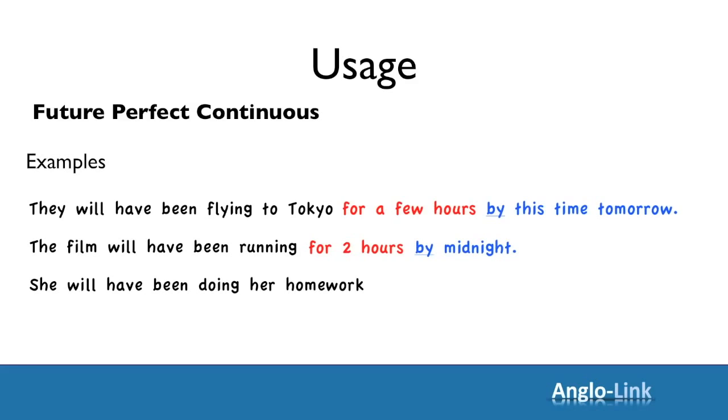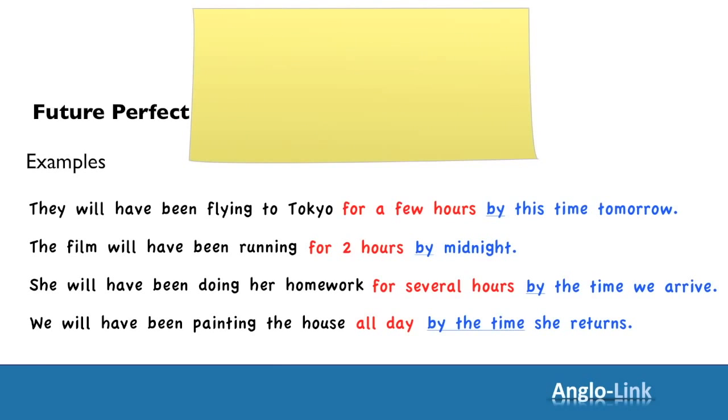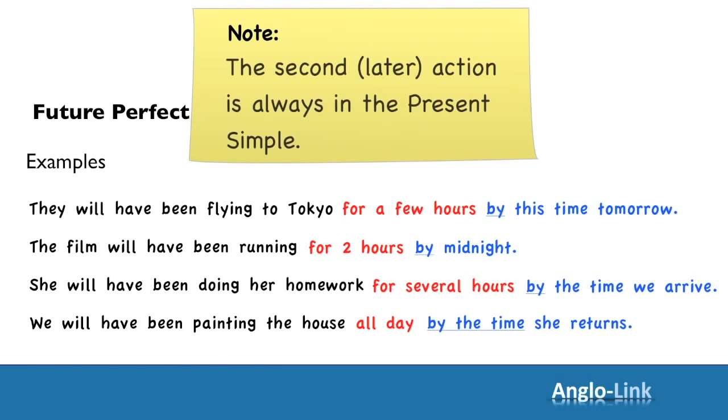She will have been doing her homework for several hours by the time we arrive. We will have been painting the house all day by the time she returns. Once again, note that the second or later action is always in the present simple tense.